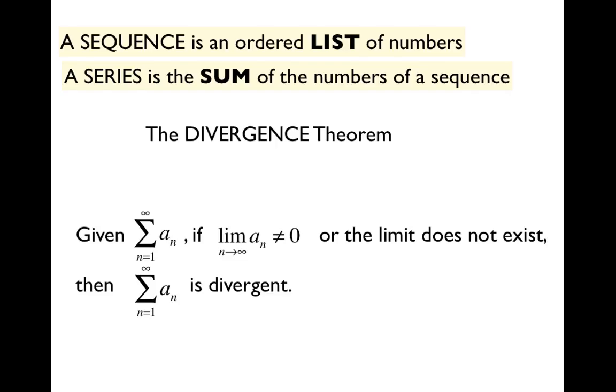Given a sum, if your sequence does not converge to 0, or the limit doesn't exist, right? So if the sequence is divergent, or if the sequence converges to something non-zero, then that sum can't converge. It's divergent.